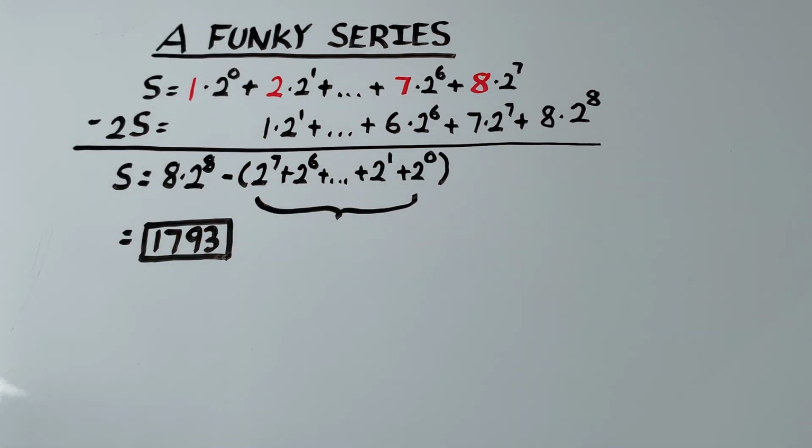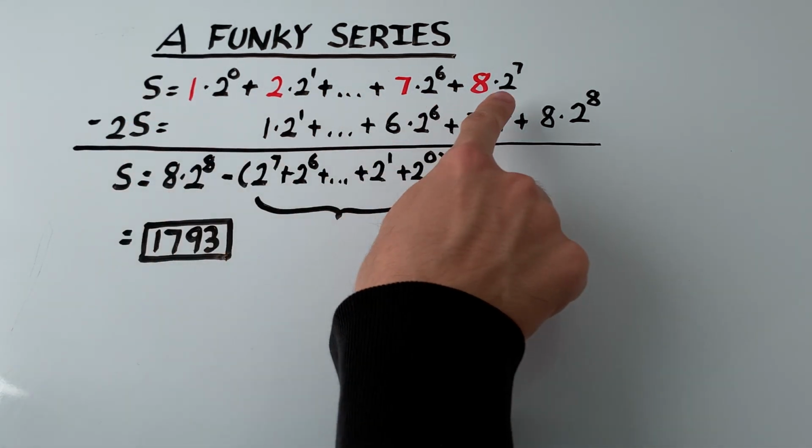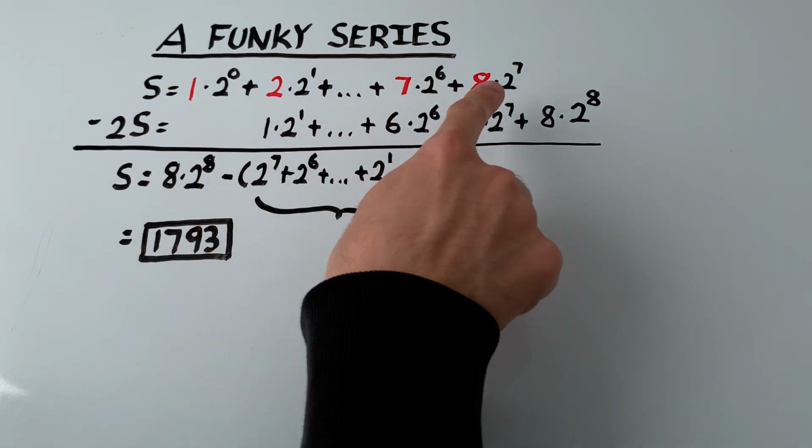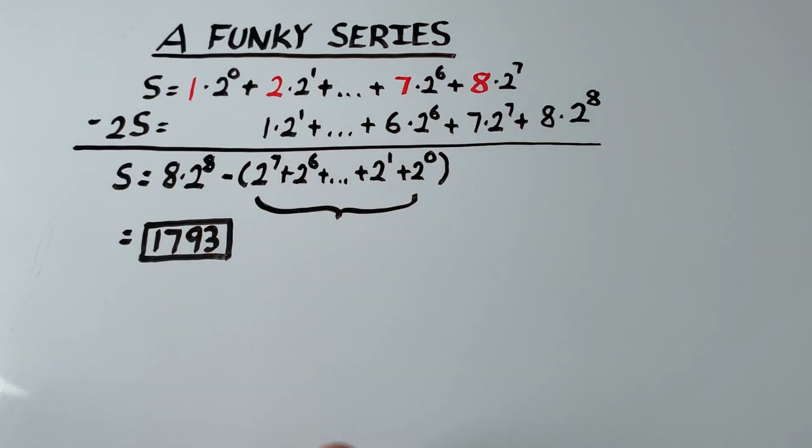So the big takeaway from this problem is I want you to realize that we were able to evaluate the sum of this funky series in the same way that we solved a geometric series. Now, this funky series right over here actually has a name.